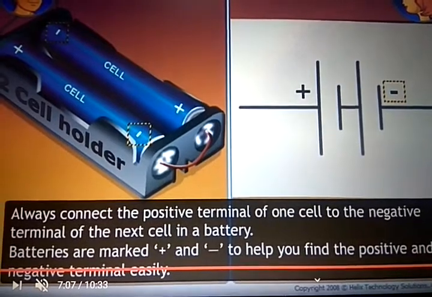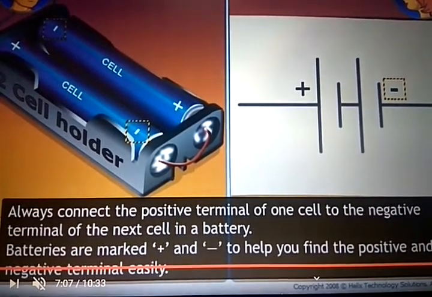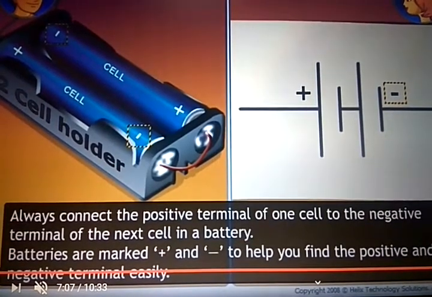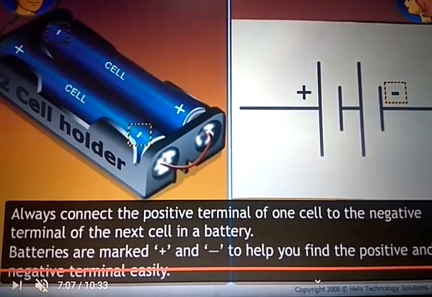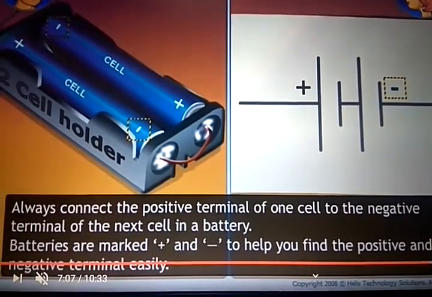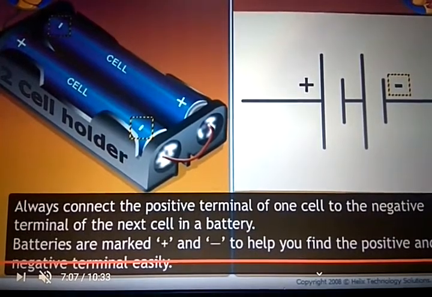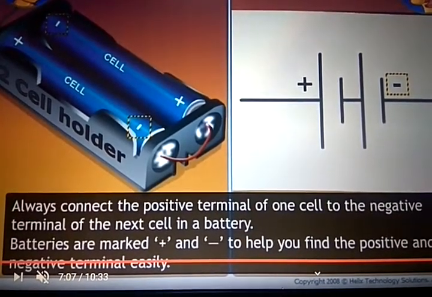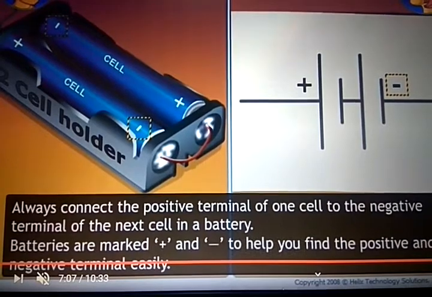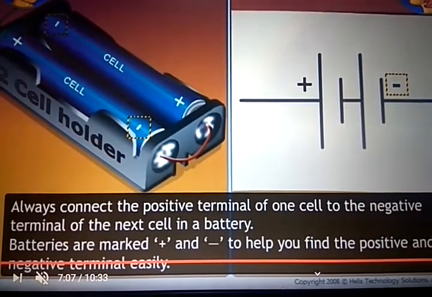So what is the concept? Always connect the positive terminal of one cell to the negative terminal of the next cell in the battery. Correct? So batteries are marked plus and minus to help you to find the positive and negative terminal easily. So you have to attach the positive terminal of the first cell to the negative terminal of the other cell.